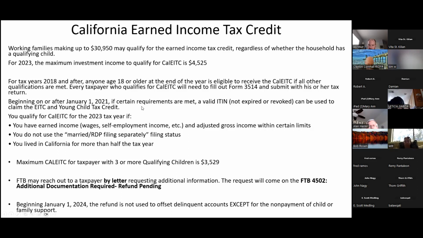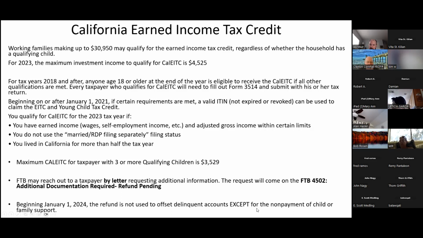And then this is something that you see from time to time, both the federal government does it, the state government does it. And I'll just read it because this applies to certain items for the state of California. It says, starting with this new calendar year that's coming up, the refund is not used to offset delinquent accounts except for non-payment of child or family support.